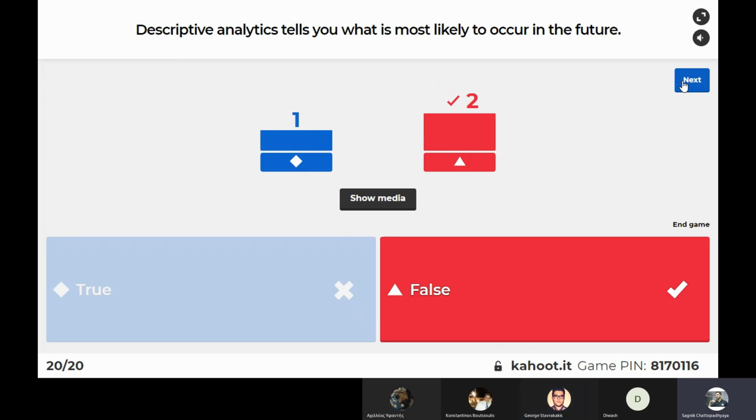You are trying to describe the current situation, analyzing the current or maybe using past records to describe the situation. It's not related to the future, so it's false.